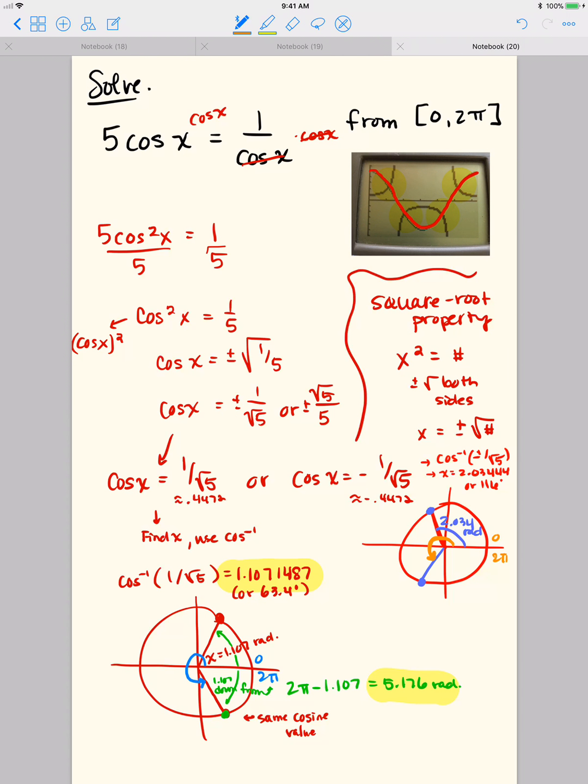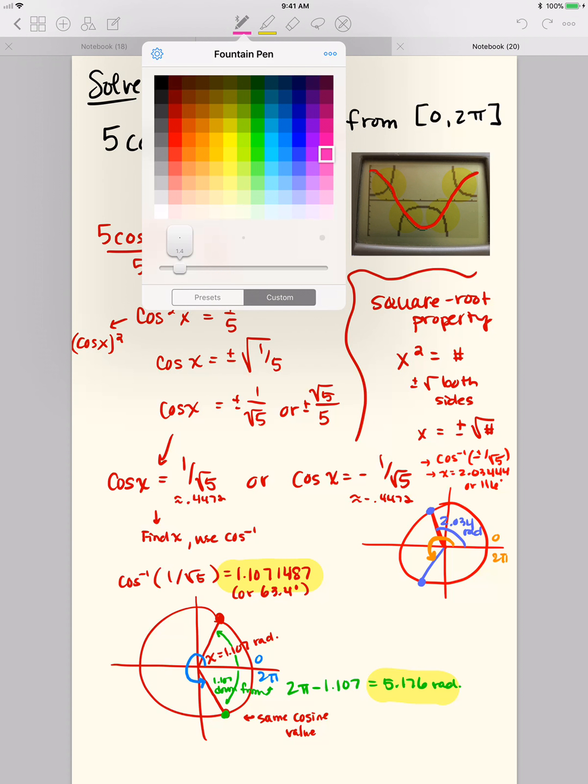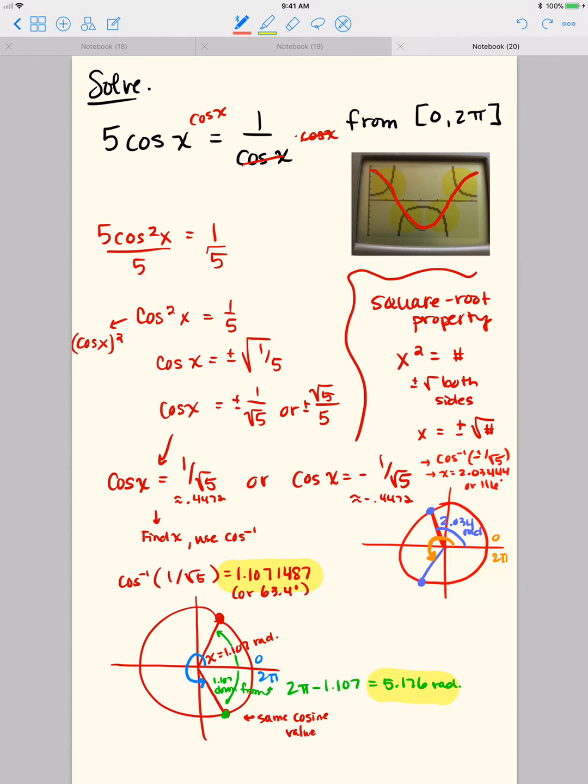So you don't know what the reference angle is here to subtract it or add it to pi. So we won't attack it that way. But what I can note is that if I go, I'm going to use a different color that shows up a little better, from 0 and wrap the negative direction, it's the same 2.034 radians away from 0.